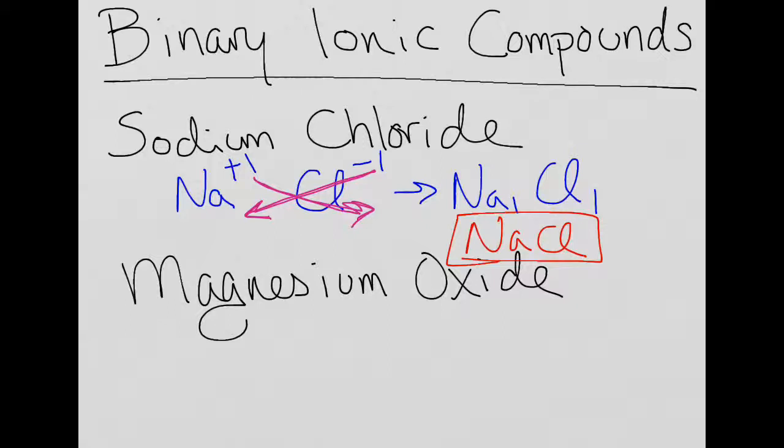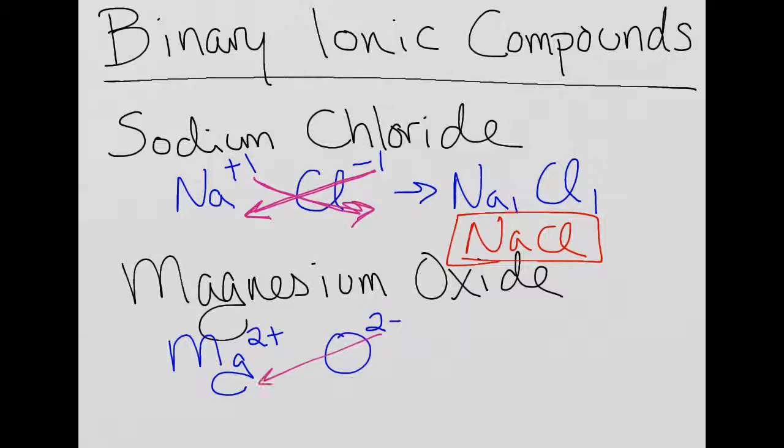Here's another one. Magnesium oxide. So magnesium is going to be my positive, and its charge is 2 plus, or +2, whichever way you write it. And oxide refers to oxygen. Oxygen's charge is 2 minus.